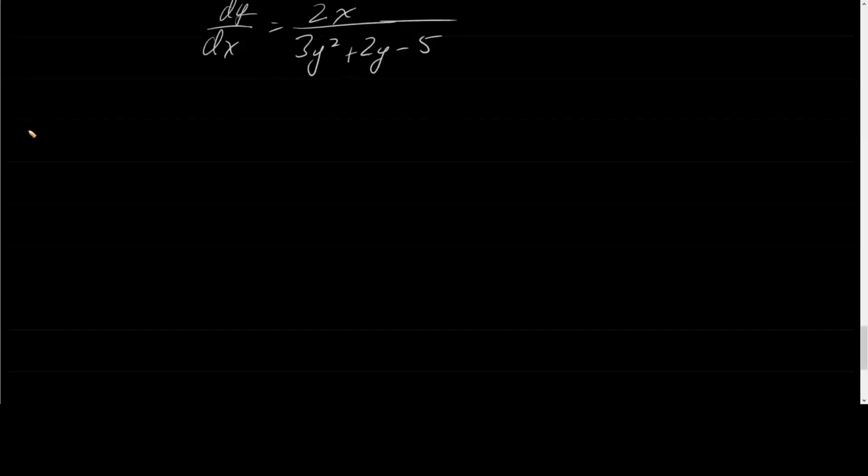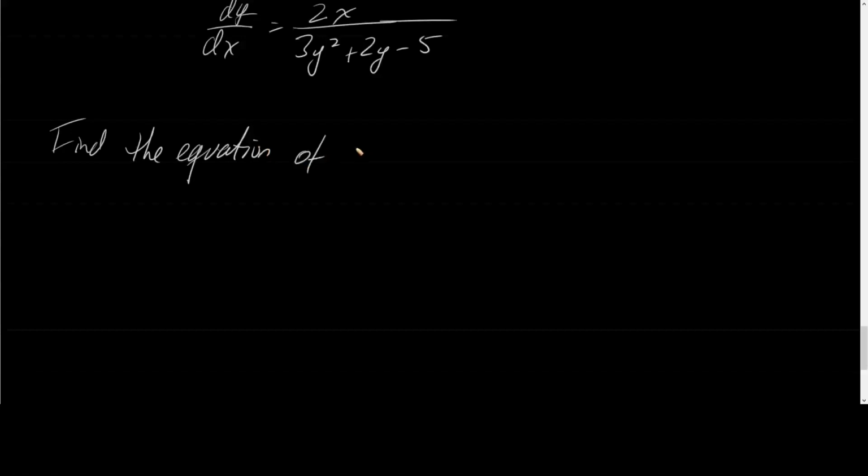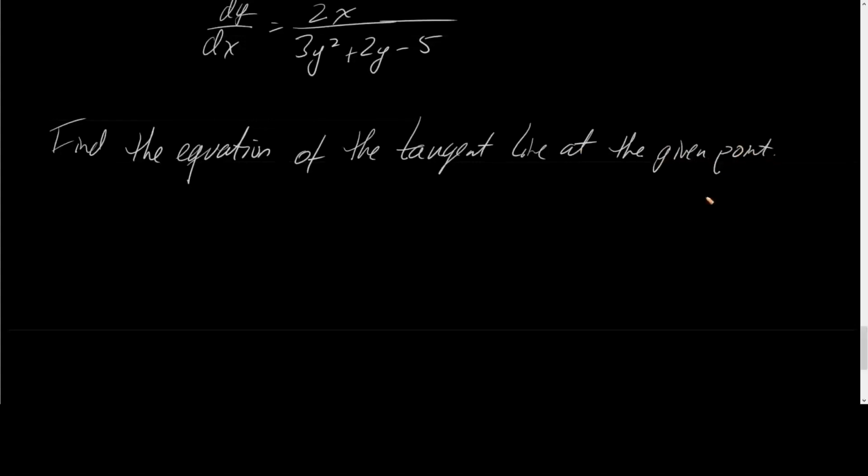Find the equation of the tangent line at the given point. So here we go. Let's say that I had this equation, x squared over 2 plus y squared over 8 equals 1.